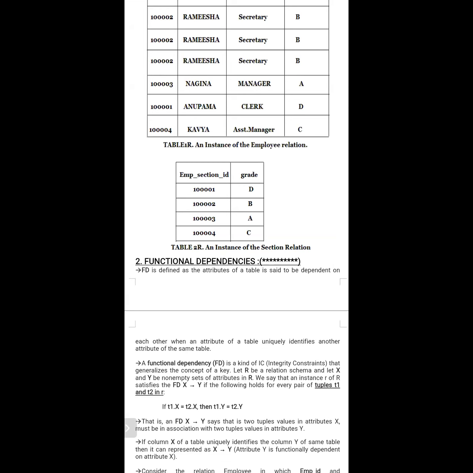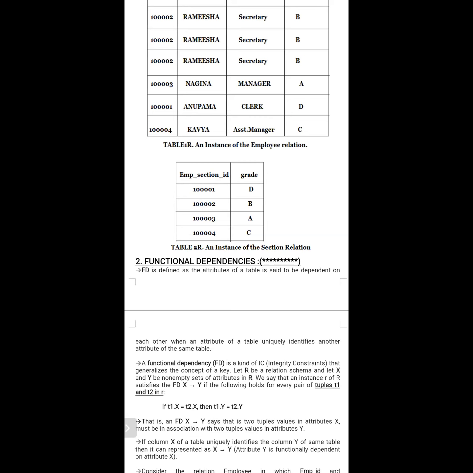Whenever a question is asked from the exam point of view, first mention how many functional dependencies exist. Functional dependency means one attribute uniquely identifies another attribute. For example, if you know the student number, then we can find out the student name, the marks of the student, and the address of the student.